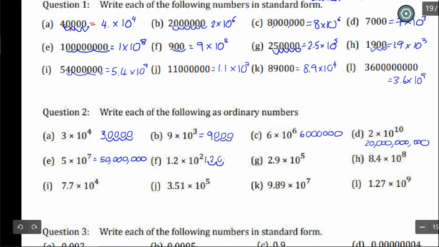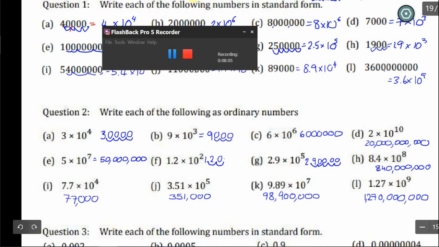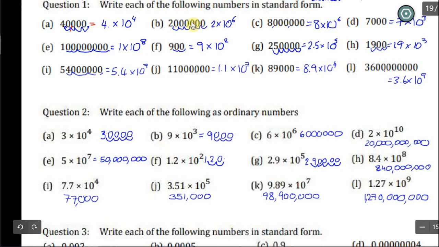I only need to add in 1 zero because the 2 was already taking up one of those spaces, so the number is 120. 2.9, and then I need to move the decimal point 5 times. 1, 2, 3, 4, 5. So this number will be 290,000. Okay, and I will do the rest while the video is paused. Okay, there's the answers to question 2.